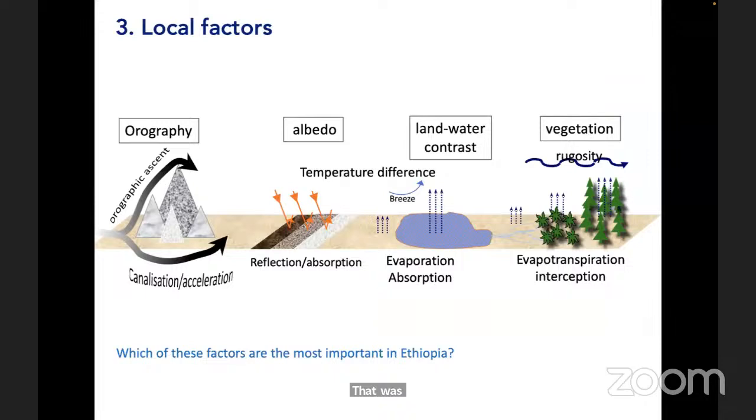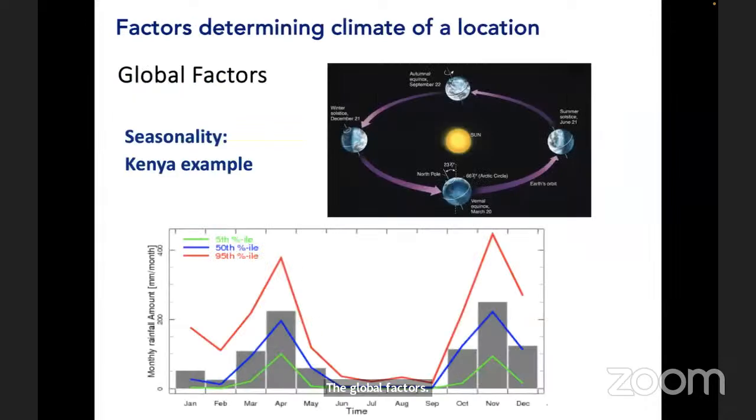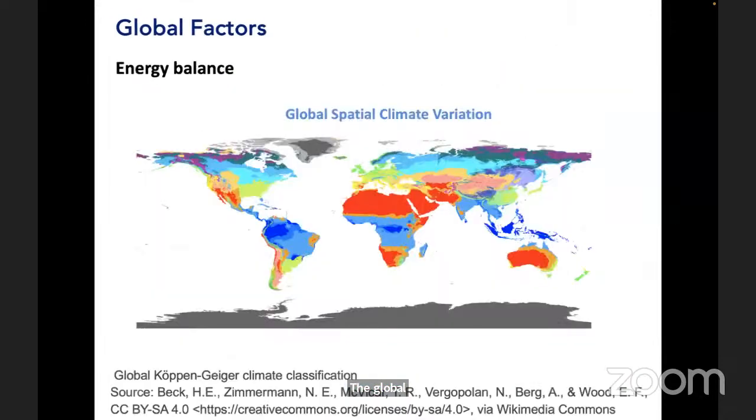And so, if you just look at the global factors, the global factors may not give you this climate, because there is no big difference in terms of global factors, let's say between Ethiopia and Sudan, like close nearby areas.